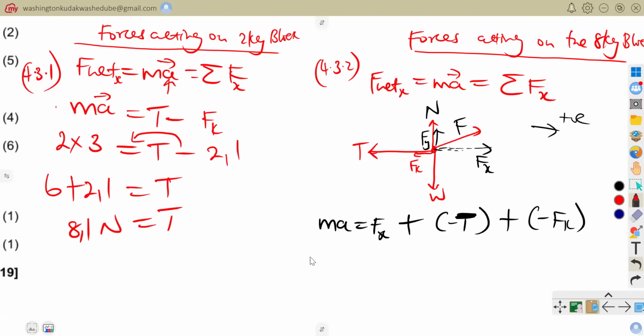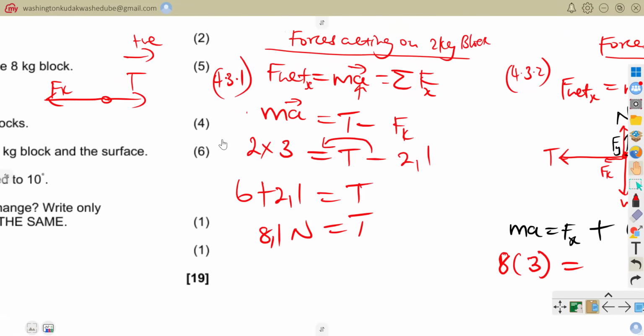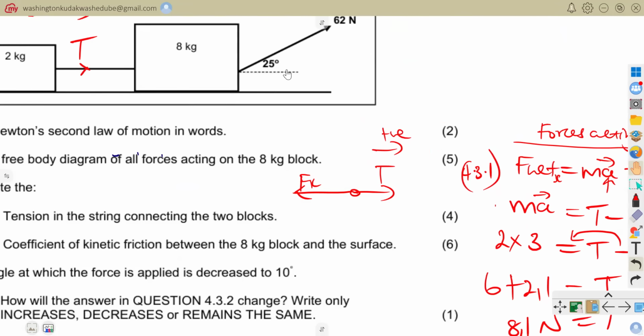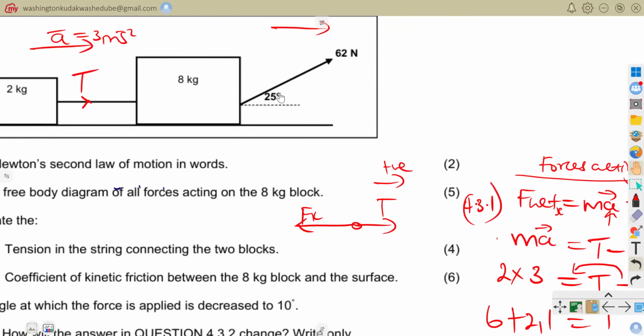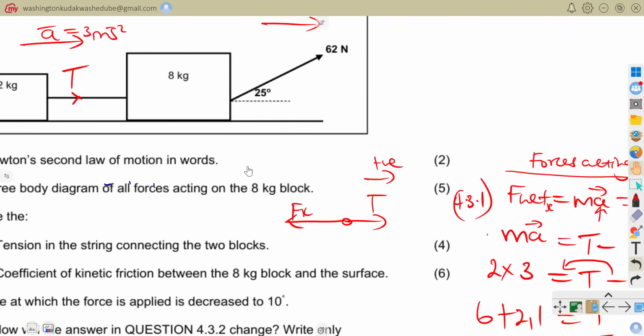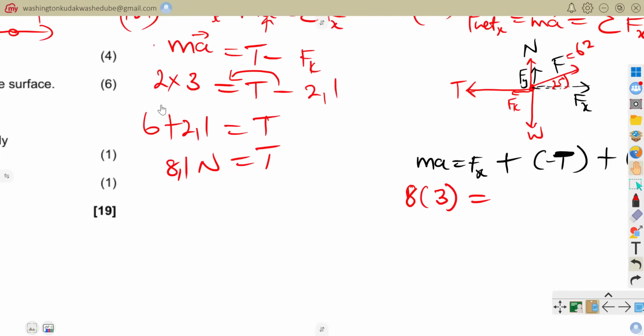So I'll simply have my mass times acceleration, that is 8 times my acceleration, which is 3, equal to this force. What is that force? I was given that this force is equal to 62, and this angle was given to be equal to 25. If we look back at our diagram, these are the values. This force is 62 and this angle is 25. So that is what I'm just going to substitute there.